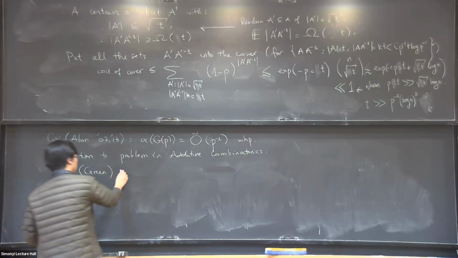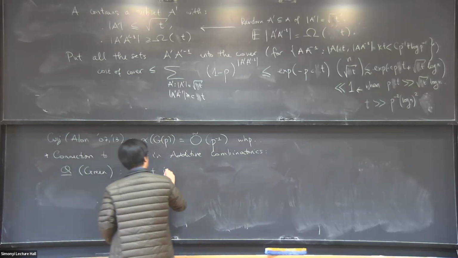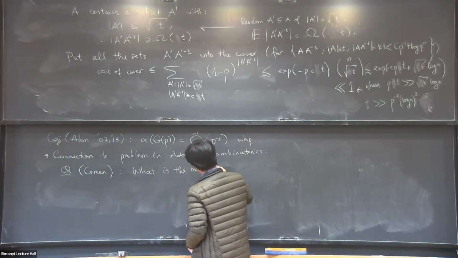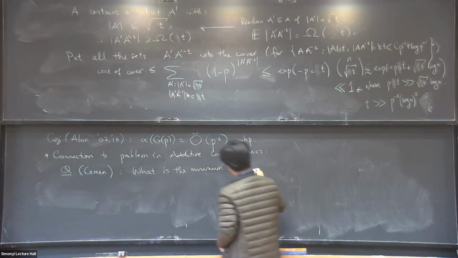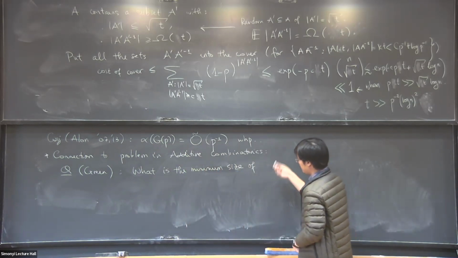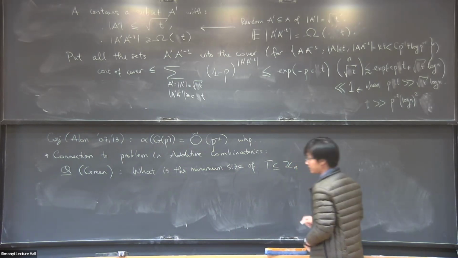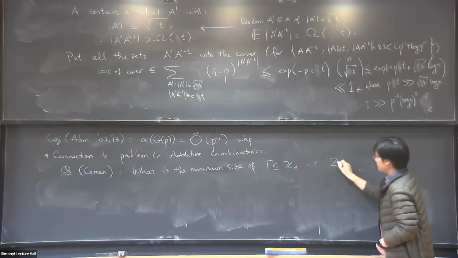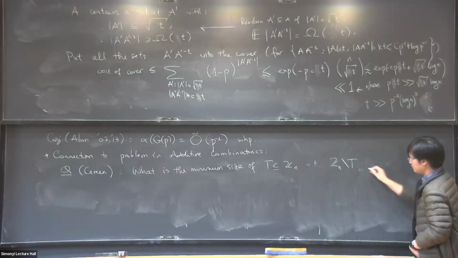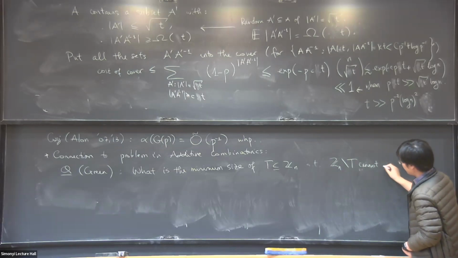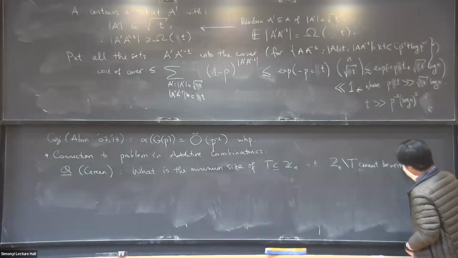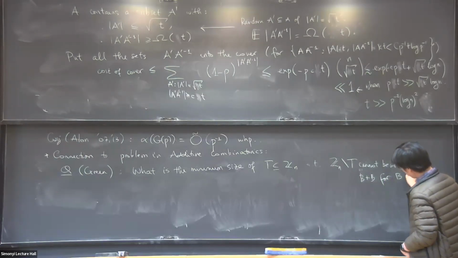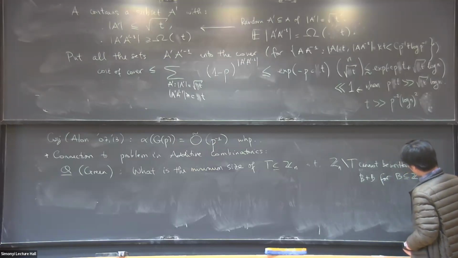So he asked, what is the minimum size of a subset T inside, let's say, the cyclic group Zn, where n is a prime, such that the complement Zn minus T cannot be written as a subset B plus B, for any subset B of the cyclic group?